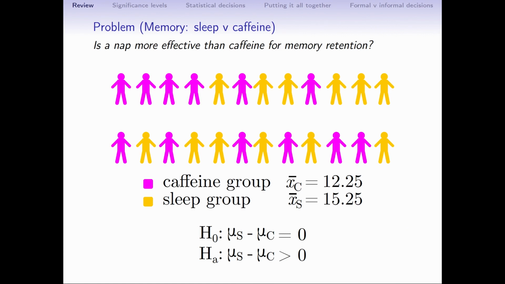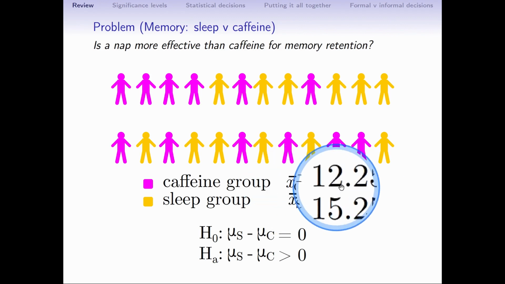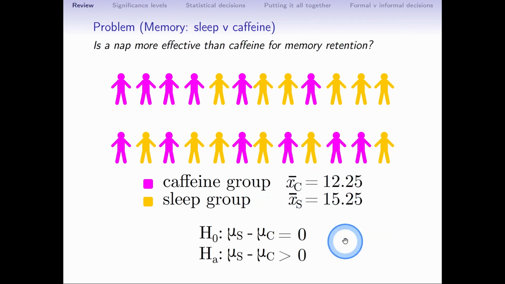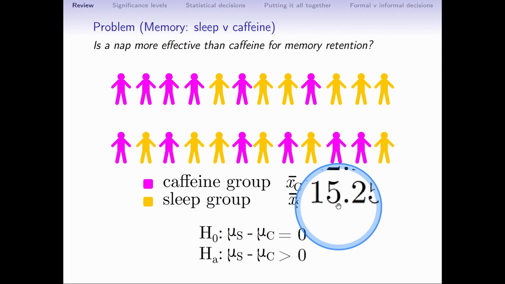Now, the data for this experiment can be viewed in StatKey under Randomization Test for a Difference in Means in the file called Sleep Caffeine Words. And we're going to look at this data set in just a second. But let me point out that the average number of words recalled by the caffeine group, so X bar sub C, is 12.25. Whereas the average number of words recalled by the sleep group, X bar sub S, was 15.25.